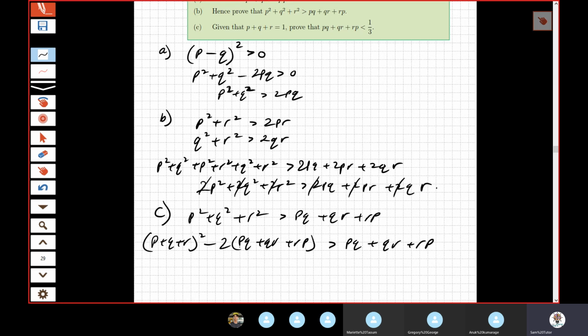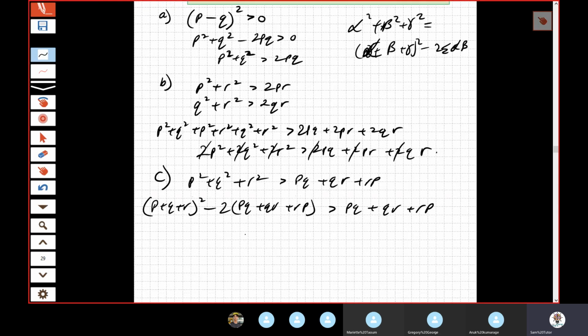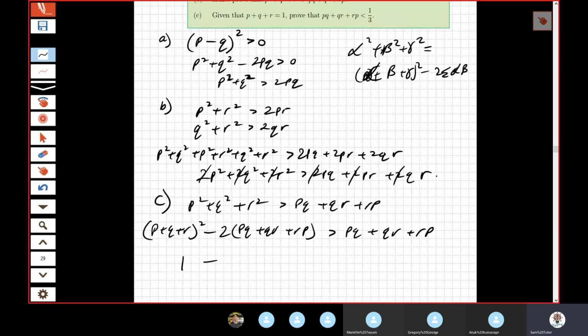Do you guys remember that rule? Alpha squared plus beta squared plus gamma squared is equal to alpha plus beta plus gamma all squared minus 2 times the sum of roots two at a time. So p plus q plus r squared is 1, because they gave you that, minus 2 times this.